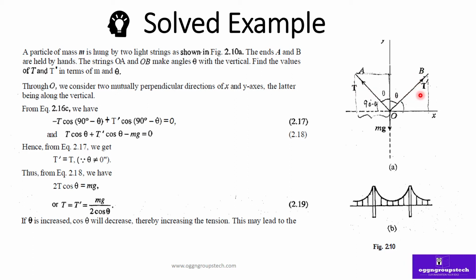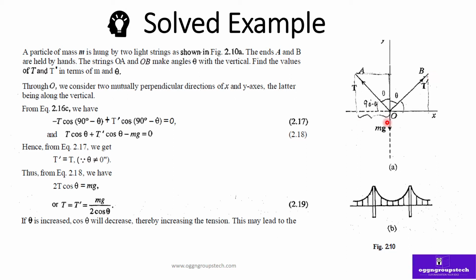Now here it makes an angle theta, and with the x-axis it is making an angle 90 minus theta, and here also the same way. These are mutually perpendicular to each other. Fine.